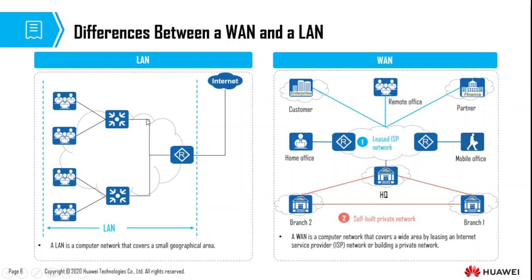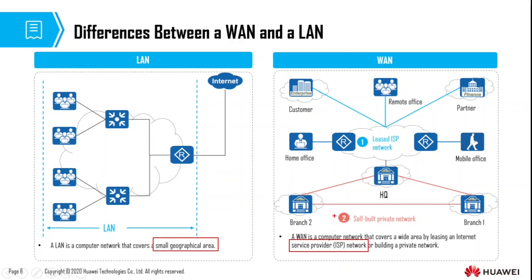The LAN covers a smaller geographical area, while the WAN covers a huge geographical area. WANs interconnect LANs, and these particular LANs are interconnected via the internet service provider network.